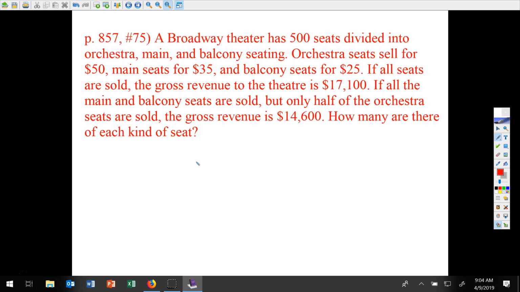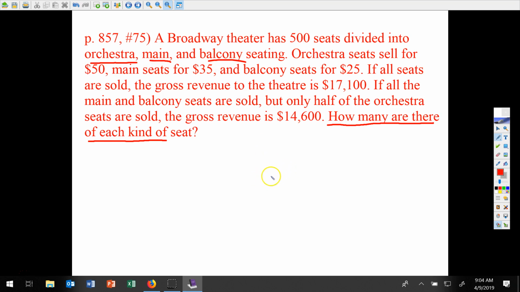This is going to be a 3-variable system because the ultimate question is how many are there of each kind of seat, and there's 3 different kinds of seats. So that tells me I'm going to have 3 variables, and anytime I set up 3 variables, I'm going to have 3 equations. All right, so as we read through this application problem, the theater is divided up into orchestra, main, and balcony.